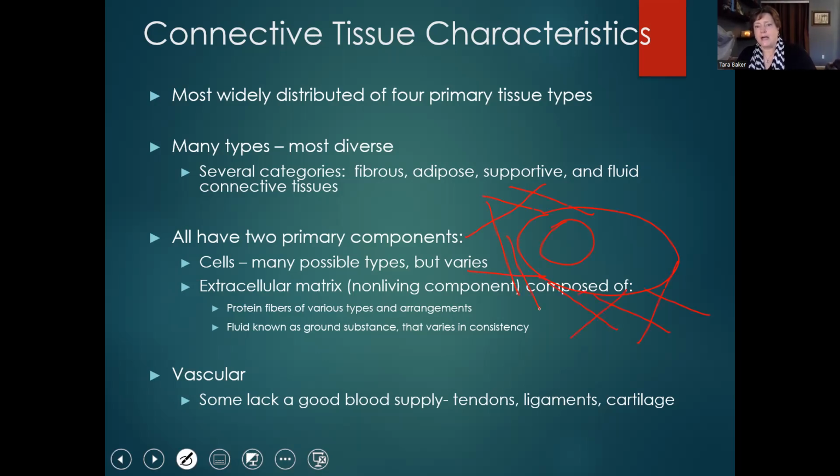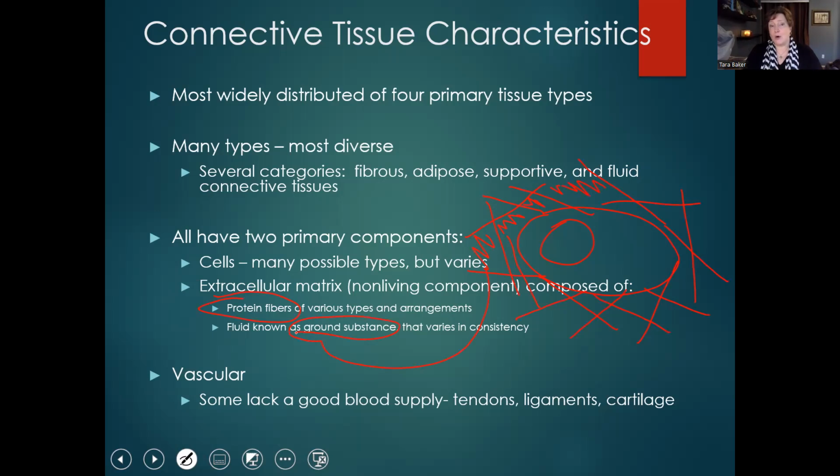That means outside the cell. They put out a lot of fibers, which are protein fibers. And then they also put out a lot of fluids. Some of them are thick fluids and some are thin fluids. And that's called ground substance.